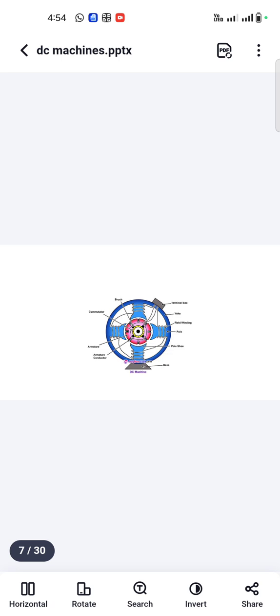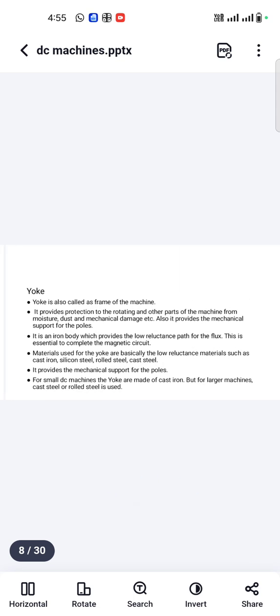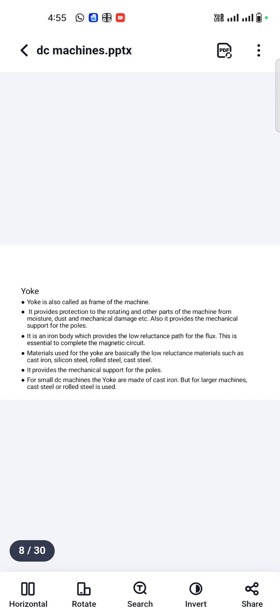For small machines the yoke is made of cast iron, but large machines use cast steel or rolled steel. Steel is preferred because it has better magnetic properties. The yoke has two types: solid yoke and segmented yoke. Simply remember: the yoke is the outer frame of the DC machine. It provides mechanical strength and a magnetic path. It's made of cast iron or steel, and it supports the field system.